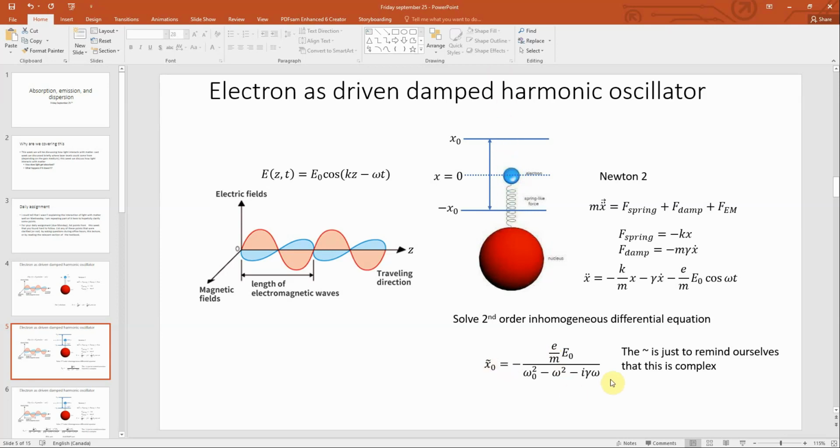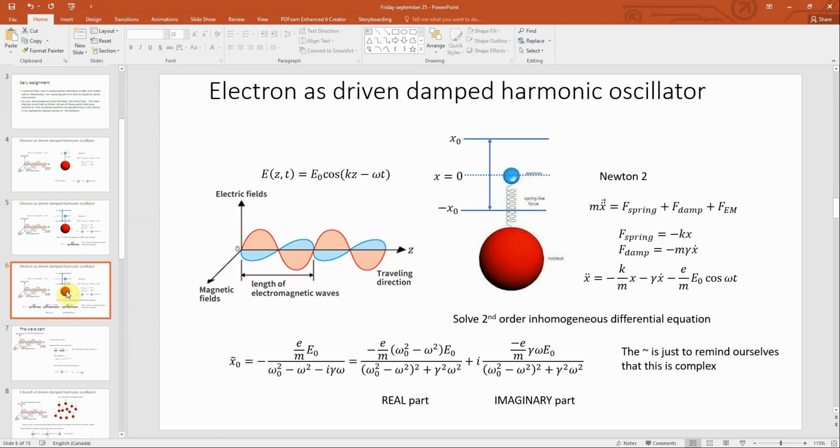And then the denominator is complex: omega naught squared minus omega squared, where omega naught squared is the resonant frequency, or k over m. It basically says how close the oscillating field omega is to this resonant frequency omega naught, so we take the difference. Then we have this complex part, which depends on the damping parameter.